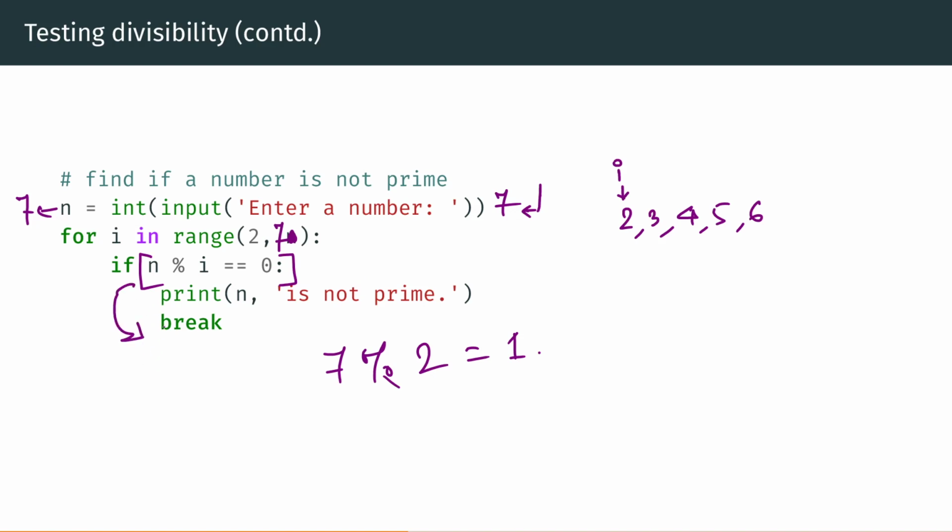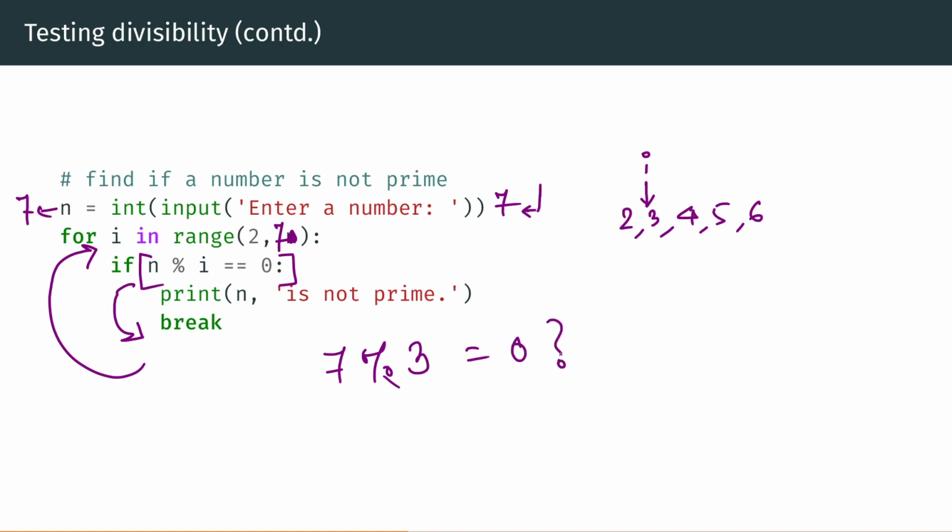I will go back to my loop, and then I would be incremented. So now I would be 3. I execute this block of statements again, except instead of I equals 2, I check for I equals 3. So is 7 modulo 3 equal to 0 or not?